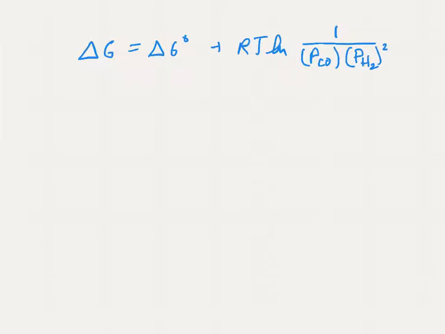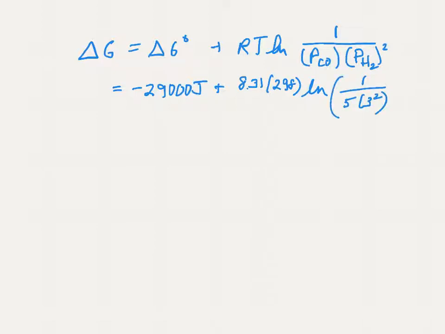All right, so when we start plugging in here, we do minus 29,000 joules, because R is in joules, times 298 Kelvin, times the ln of 1 over 5 times 3 squared.